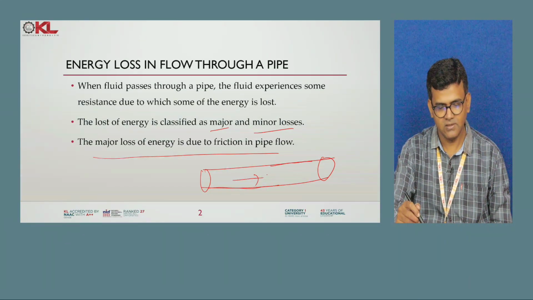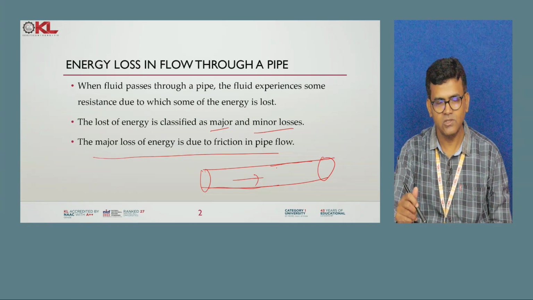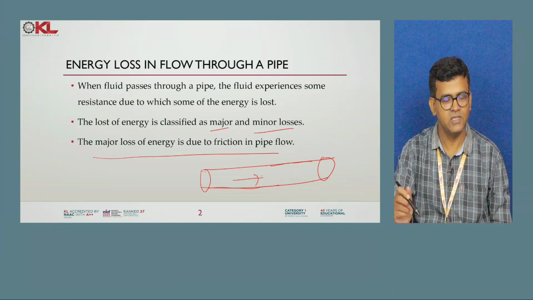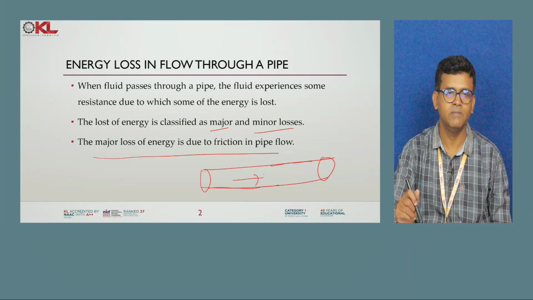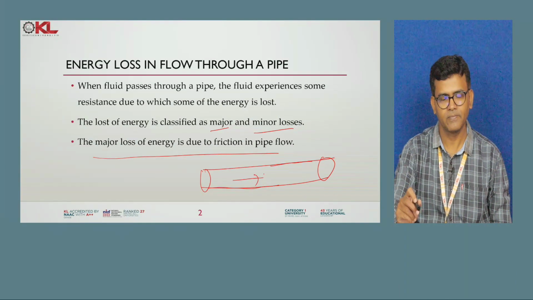So there is friction between the fluid and the pipe material, and because of that, energy is lost. That's why it comes under the category of the major loss. So major loss is because of the friction.